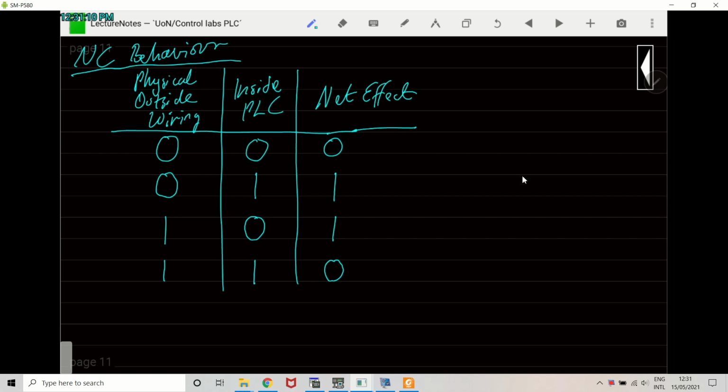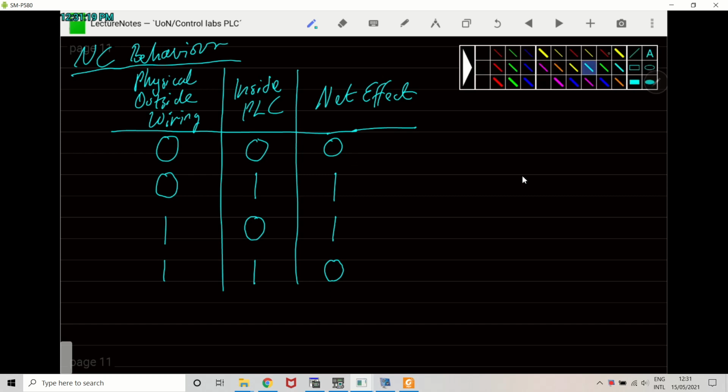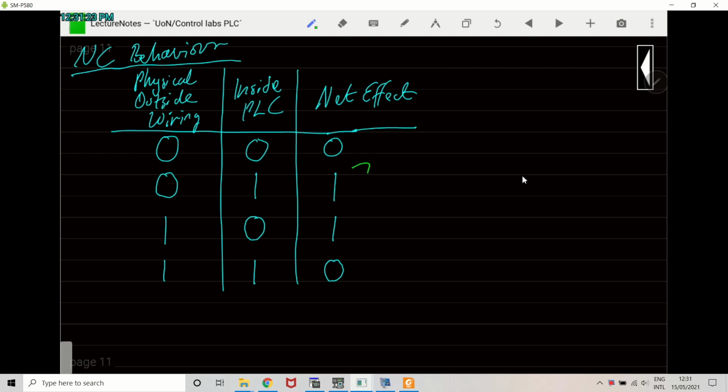Now, if we want to achieve an actual normally closed net effect, I hope from this you can see that this is the region where I have to be operating. I have to be operating in this region if I want to achieve a net effect of normally closed. What that tells me is that when I'm implementing my design, I must use one of these two configurations.